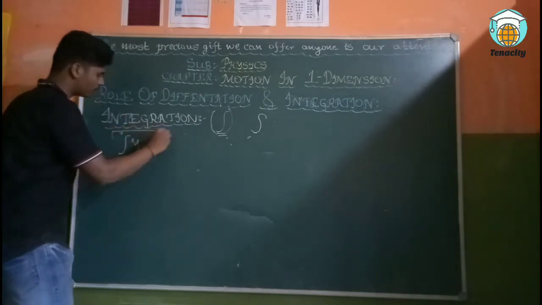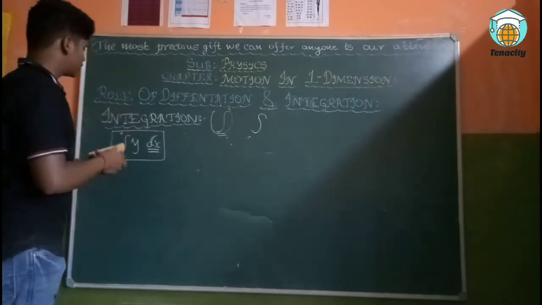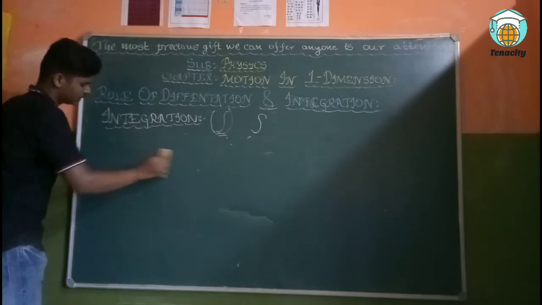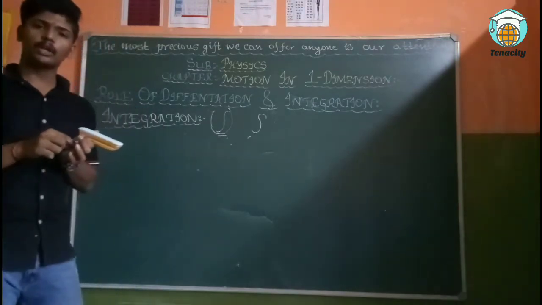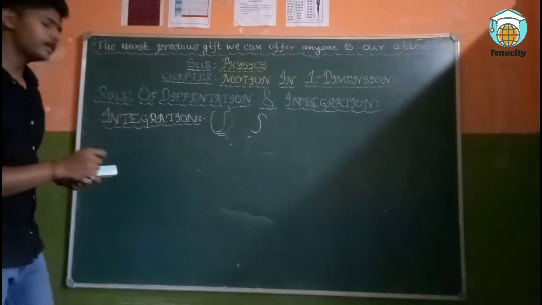This is the notation of integration. I hope you are clear with this. And I have to discuss some formulas related to integration. You just have to keep this in mind.